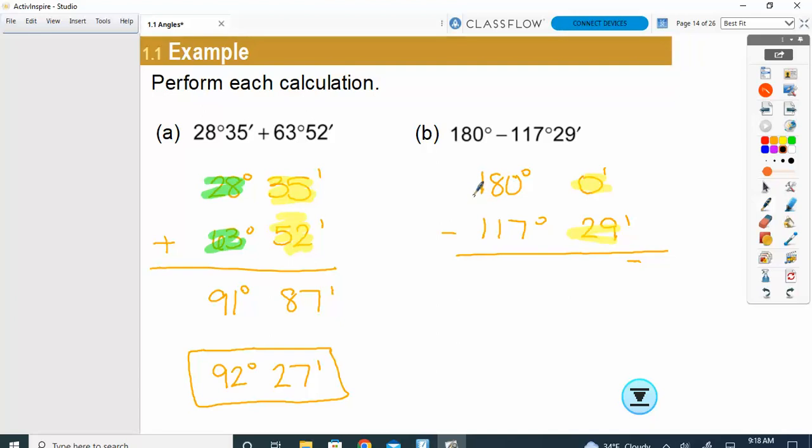So what you did way back when was borrow, right? If I take away a degree, it's 179 degrees. When you bring that over, how many minutes is that 1 degree? 60. So now I can do 60 minus 29. 179 minus 117. 62.